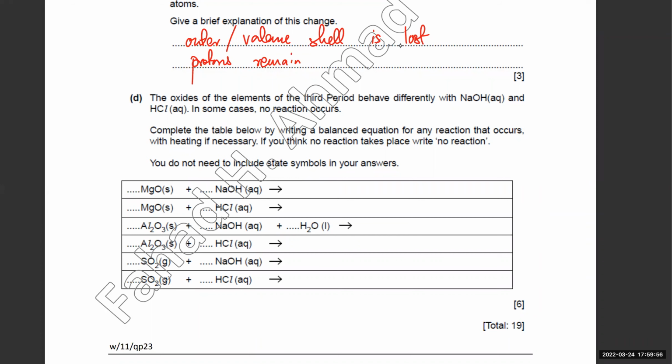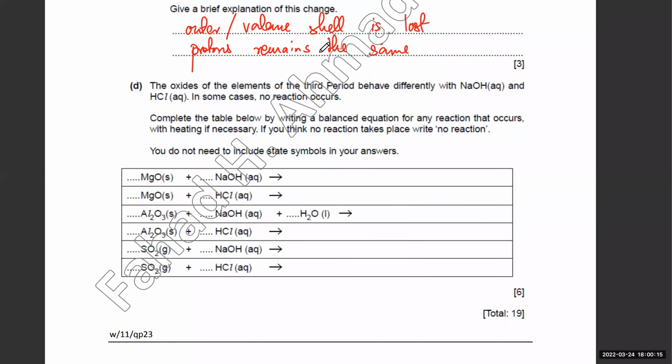What word did you use? I said nuclear charge. Okay, that's the same thing. Not the effective nuclear charge, just the nuclear charge. Yes, okay, it's a 2-mark question, so that was required. I said next one.